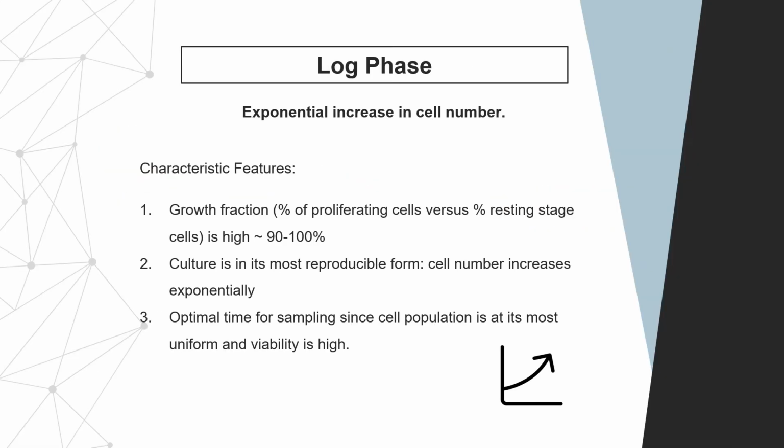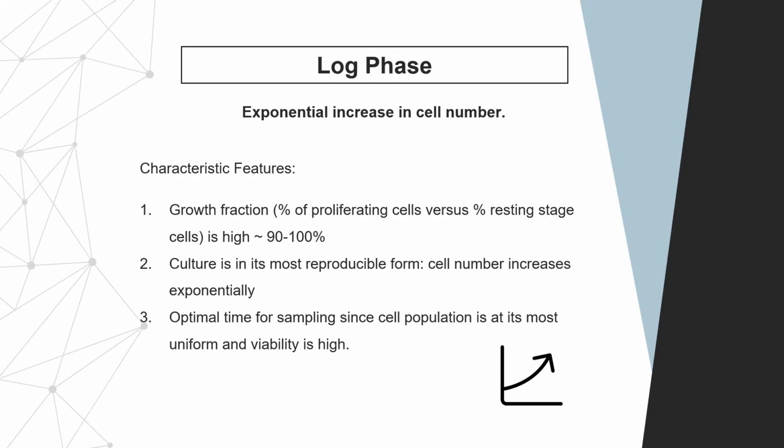Log phase is the period where there is an exponential increase in cell number. The cells are now feeling comfortable in their cell culture environment, so they start to proliferate. Some of the general characteristics of cells during this phase is that the growth fraction is really high, about 90 to 100%. Culture is in its most reproducible form, meaning the cell numbers are gradually increasing nicely.